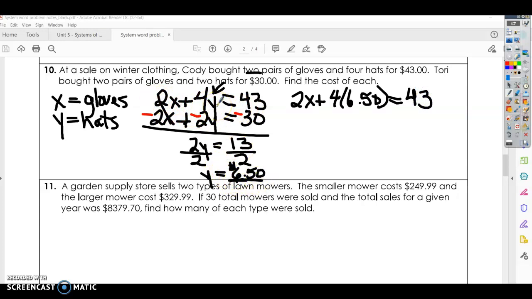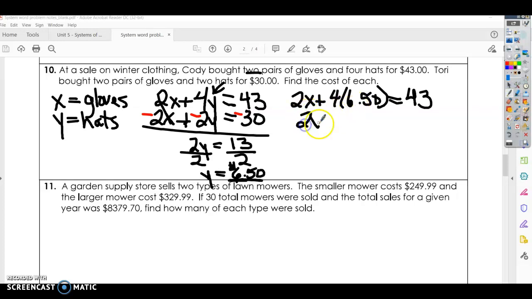All right, so 4 times $6.50, that's going to be $26.